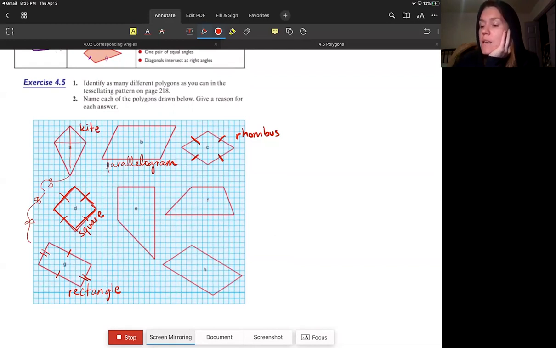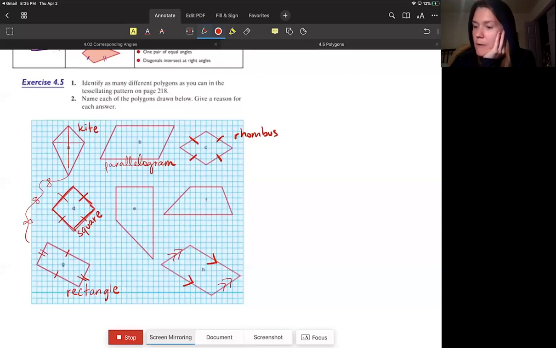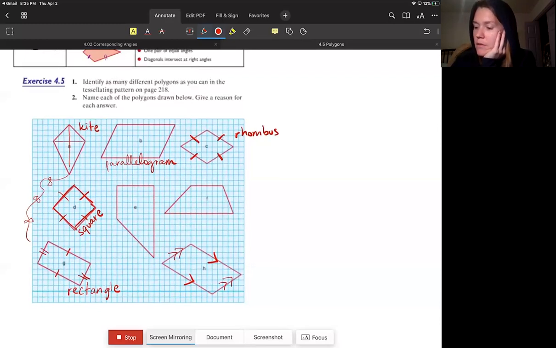Now when I'm looking at these, I don't know right off the bat what they look like. When I'm looking at this, it looks like this and this are parallel. It also kind of looks like this and this are parallel. So I'm going to call that a parallelogram.